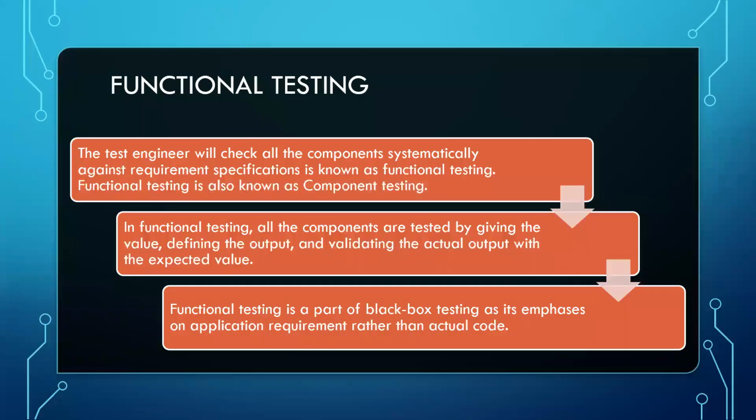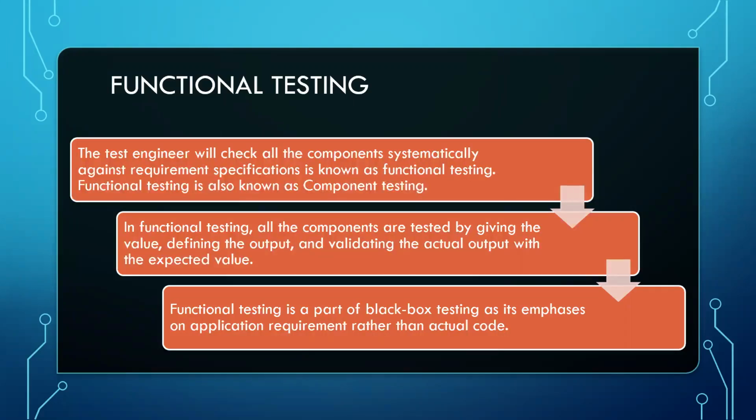So you can see, when the test engineer checks all the components systematically against the requirement specification, it is known as functional testing. Okay. So we'll look into the requirements, assess the quality, and find the defects. In functional testing, all the components are tested with the given values. As we discussed, we have to see that each and every requirement is working as per the documentation.